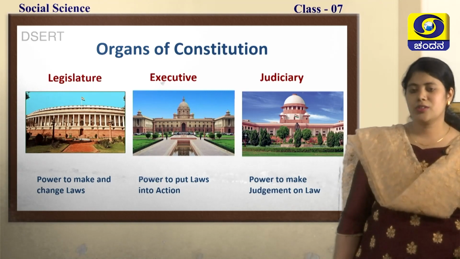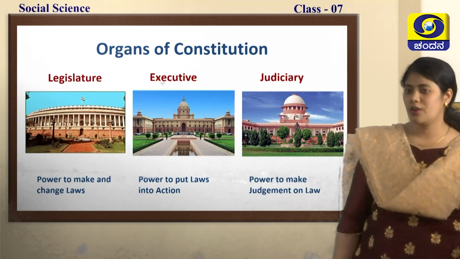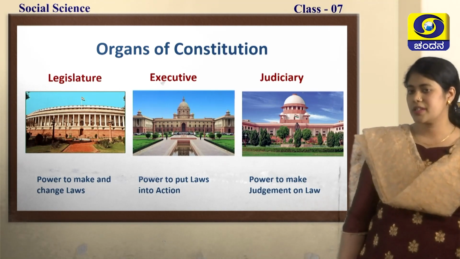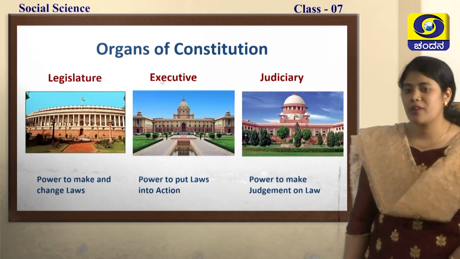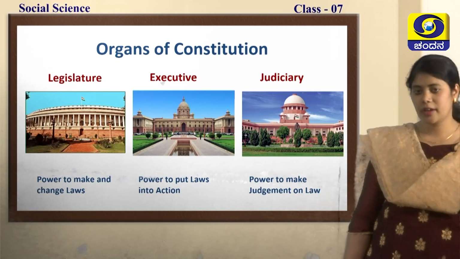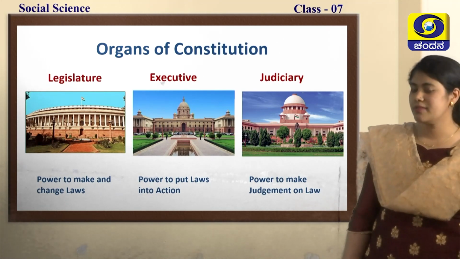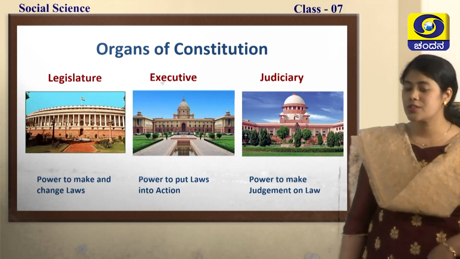Yes. So, the judiciary has the power to make judgment on law. So, what is the power of judiciary? To make the judgment on those laws. Executive power is to put those laws into action. Right, students? And what is the work of judiciary? To make judgment on those laws.